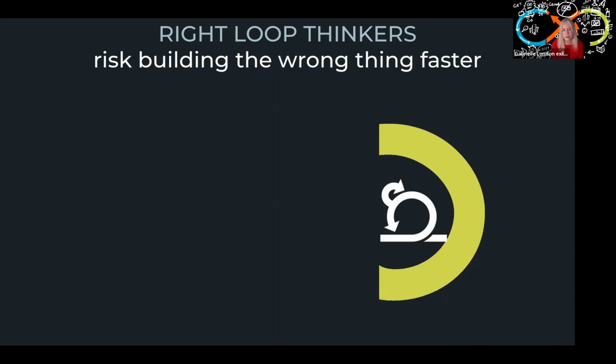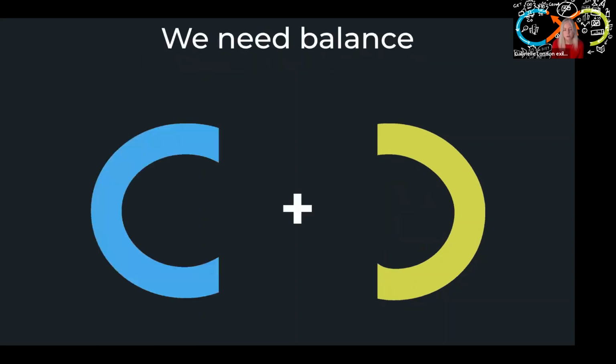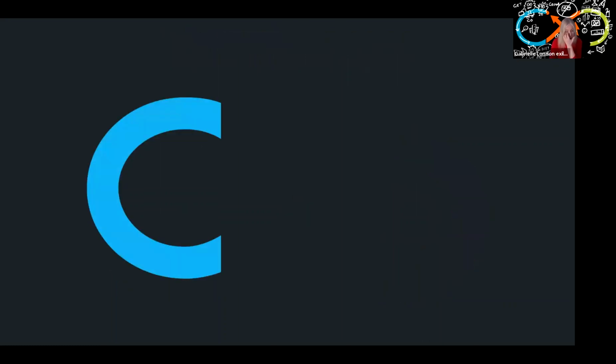And the risk there is that we can do that, but we're just building the wrong thing faster. So that's not the game we're after. What we want to do is to create balance. So to do that, when I do this with people, to get this thinking of balance between discovering what is the right thing we want to build and then to deliver it rapidly, we'll go around some key activities.